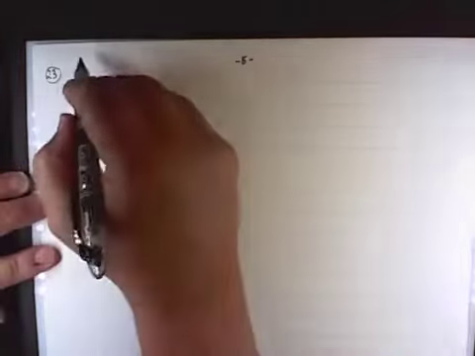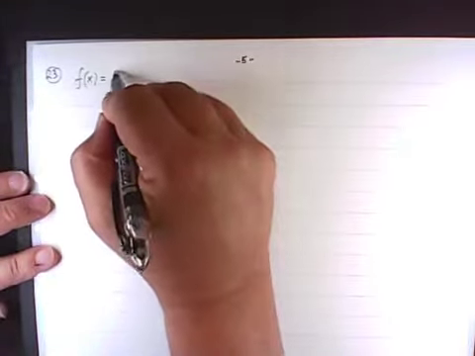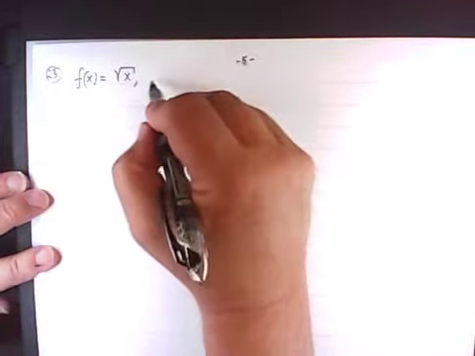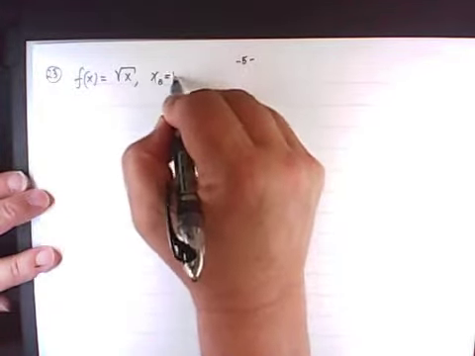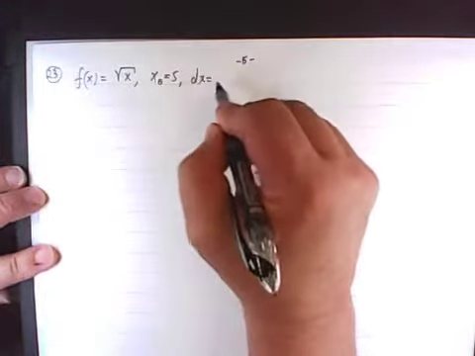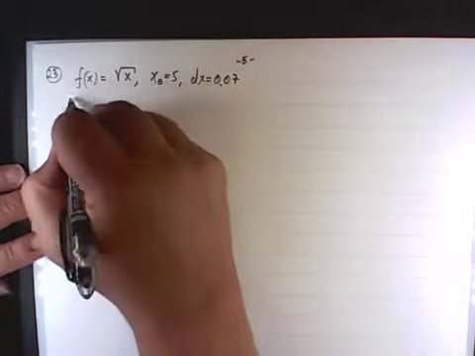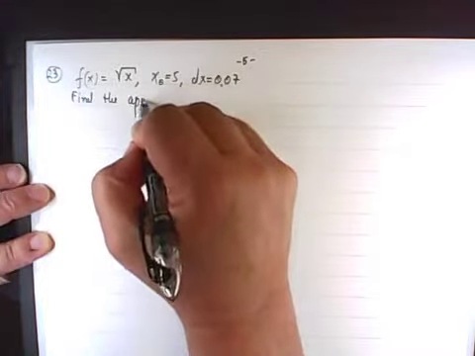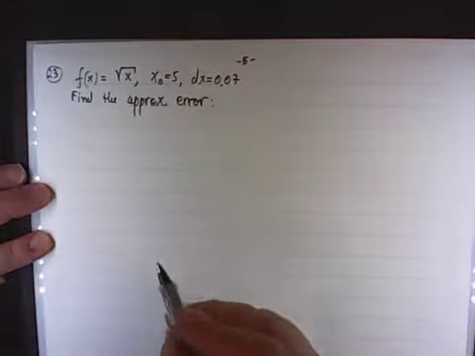So for 23, the function f of x equals square root of x, x sub 0 or a equals 5, and dx equals 0.07, and we want to find the approximation error.